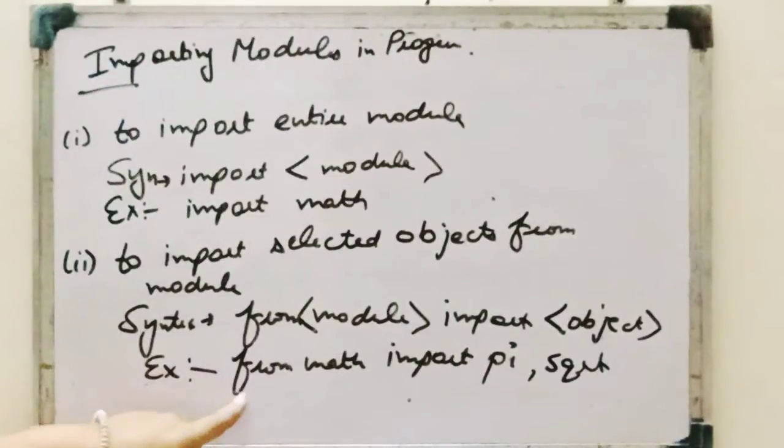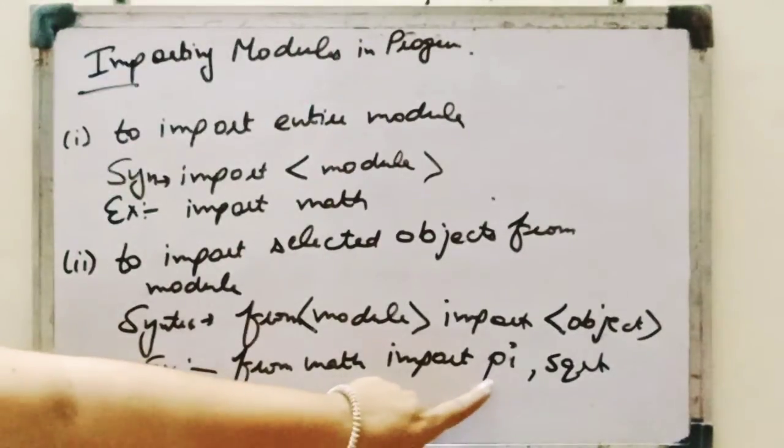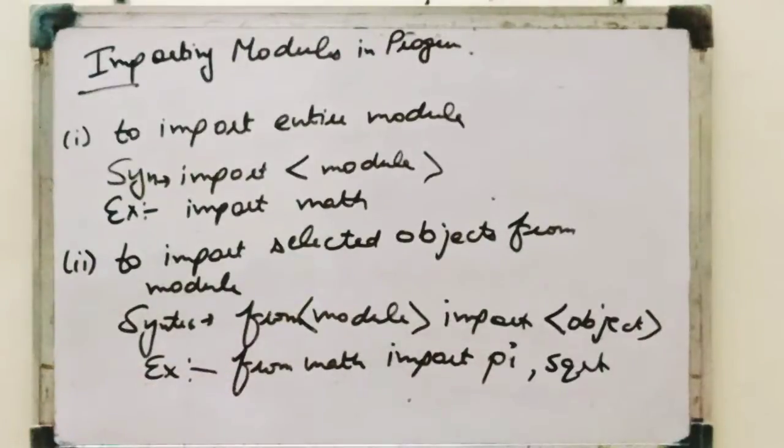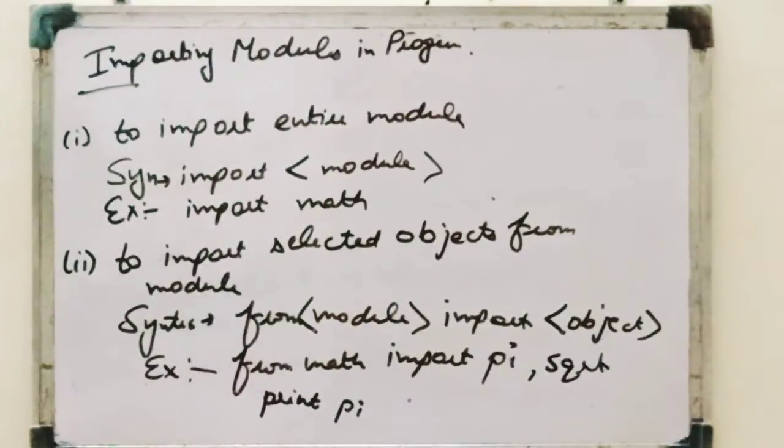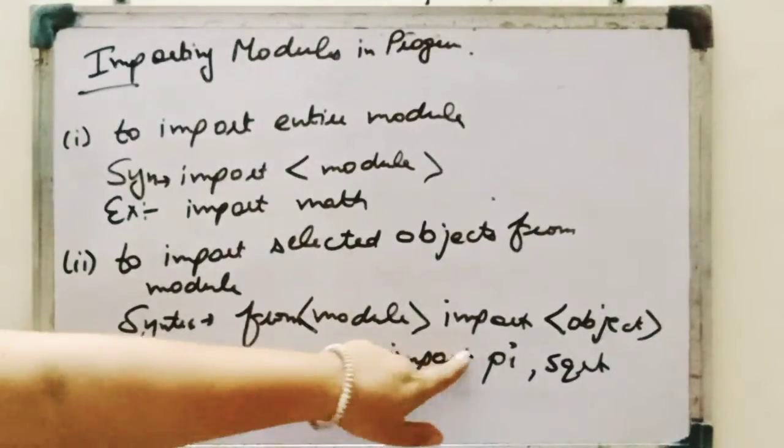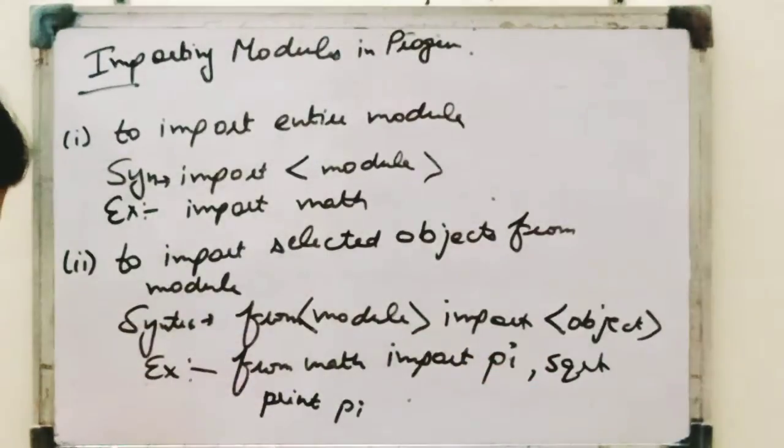Now suppose you want to print this pi value, how can you print it? Print pi. So pi is in the math library. After from module import object, you need not qualify the name of the imported item with the module name.